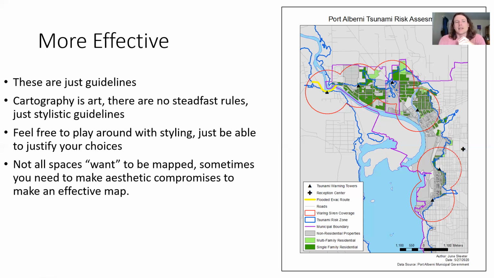And lastly, I'll just say that not all spaces really want to be mapped. So sometimes you need to make aesthetic compromises to make an effective map. A good example of this, for instance, is trying to make a map of the country of Chile. It's very, very long and very, very narrow. So it's pretty difficult to put the full country in one map and have it be at a scale that's easily readable by the map reader.